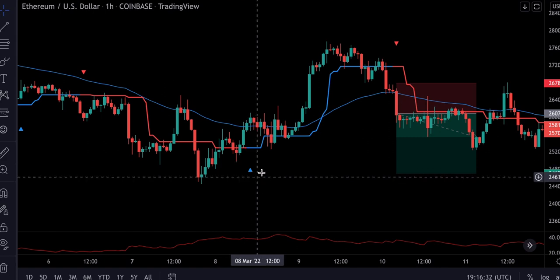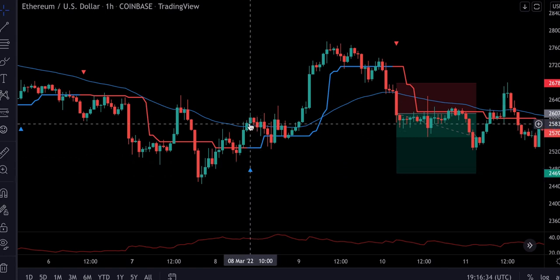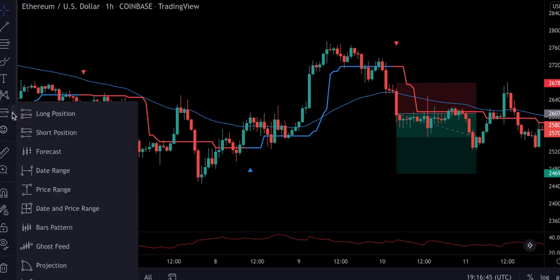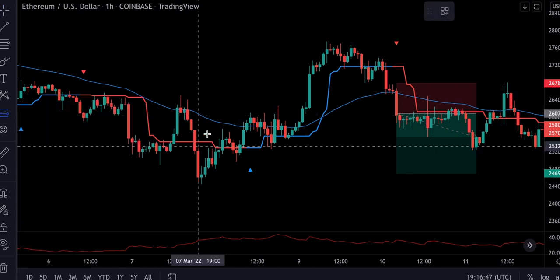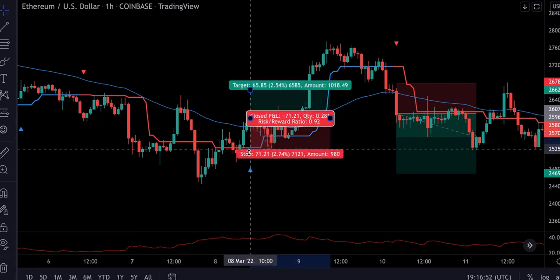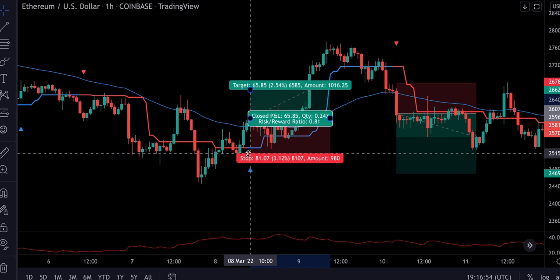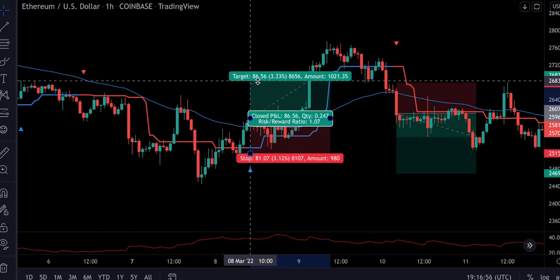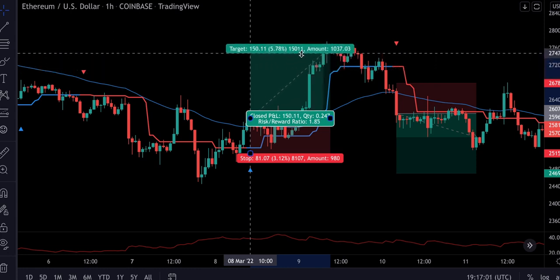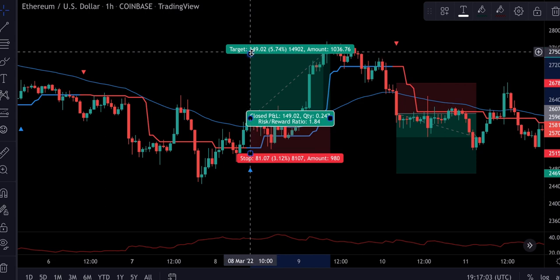We have a signal to enter a long trade, and the price is above the moving average. So what we need to do is check the value of the ATR. We can see that it's sitting at 40, so we need to multiply that by 2 and enter the trade. We're going to set our stop loss at 80 and our take profit level at 160.